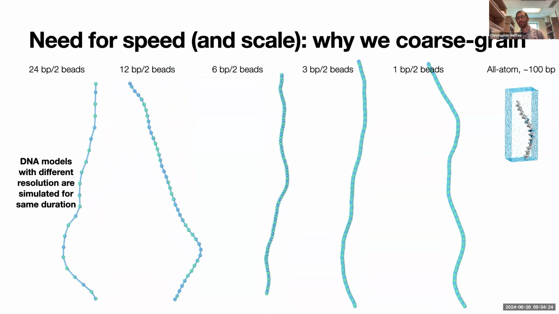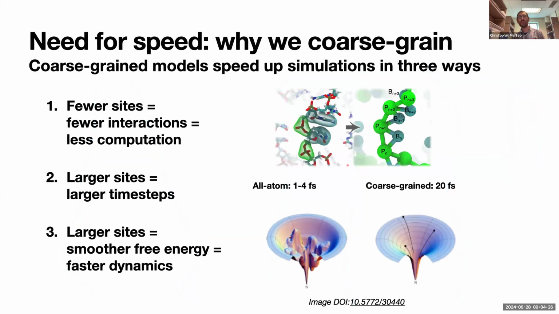And there are three reasons for how coarse-grained models speed up your simulations. One is that you have fewer interaction sites. That means generally fewer computations in order to get forces in order to update coordinates. And then when you do update those coordinates, you can typically get away with a larger time step because your particles are more massive, and also generally your potentials tend to be softer compared to atomistic potentials.